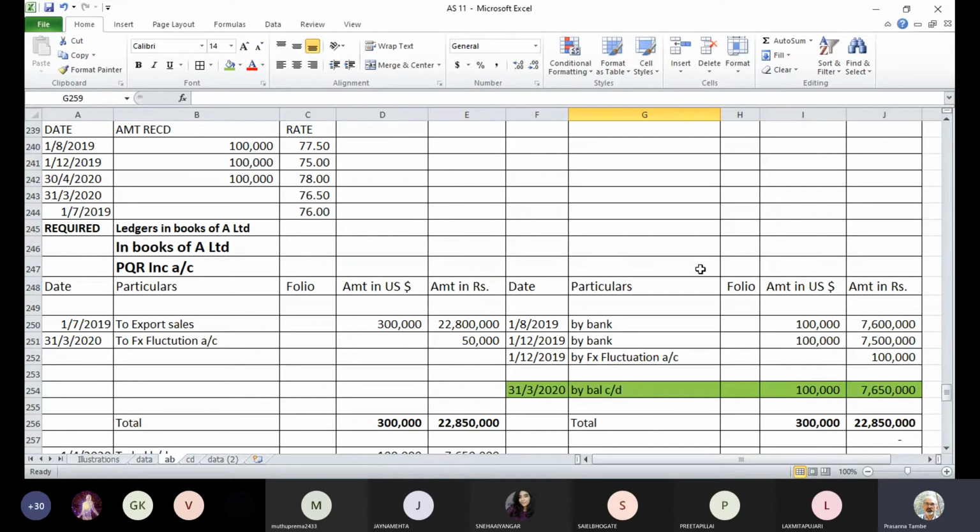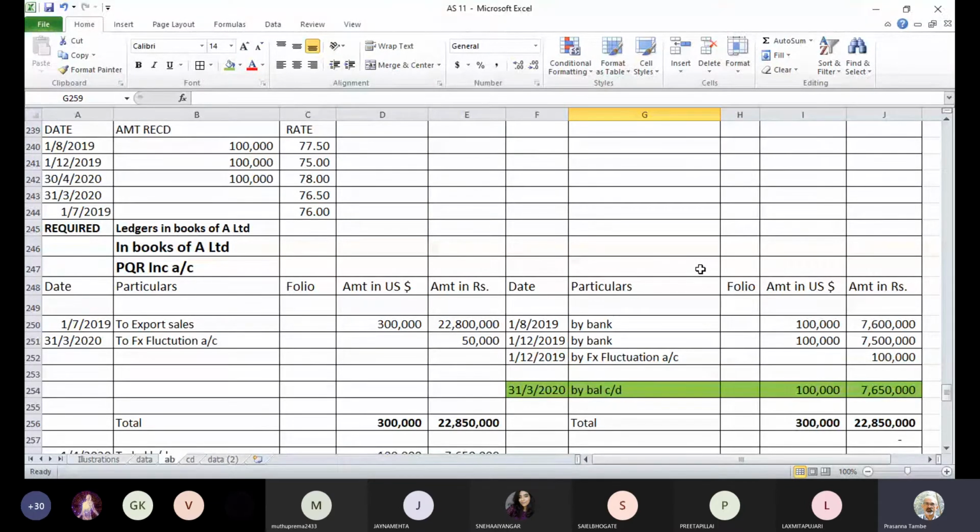So in the process, the exporter in this case is going to gain, and therefore the entry will be bank account debit to PQR Incorporated account to FX fluctuation account. Now when we pass this entry, we will debit the bank account for total amount received, which is going to be 78 lakhs, 1 lakh into 78.